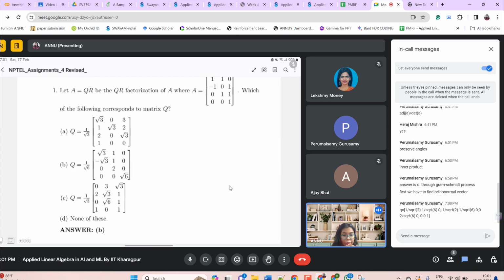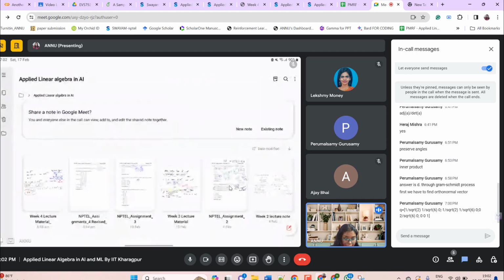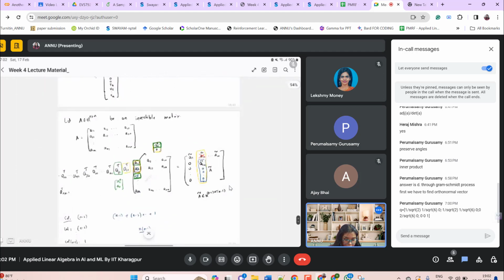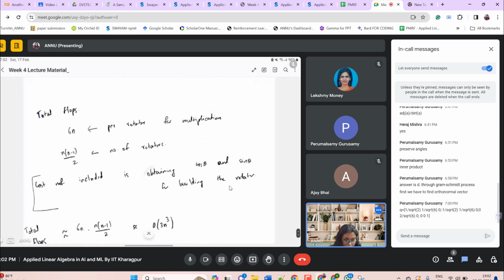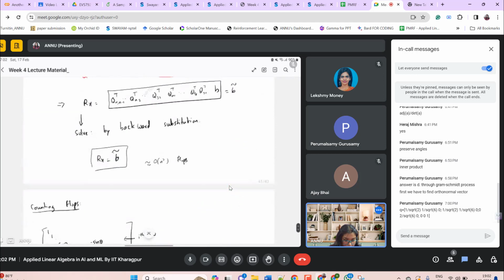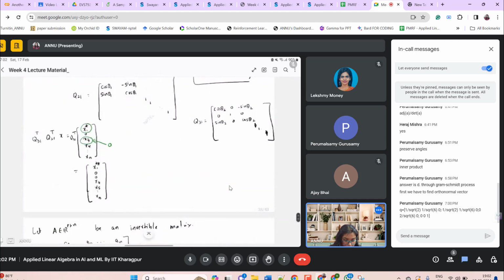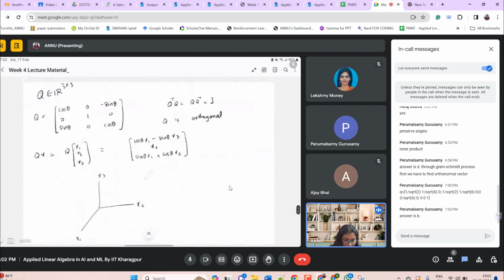It's okay. Guruswami is telling only that answer is D. Did sir teach about Gram-Schmidt in the class? He didn't teach, right?